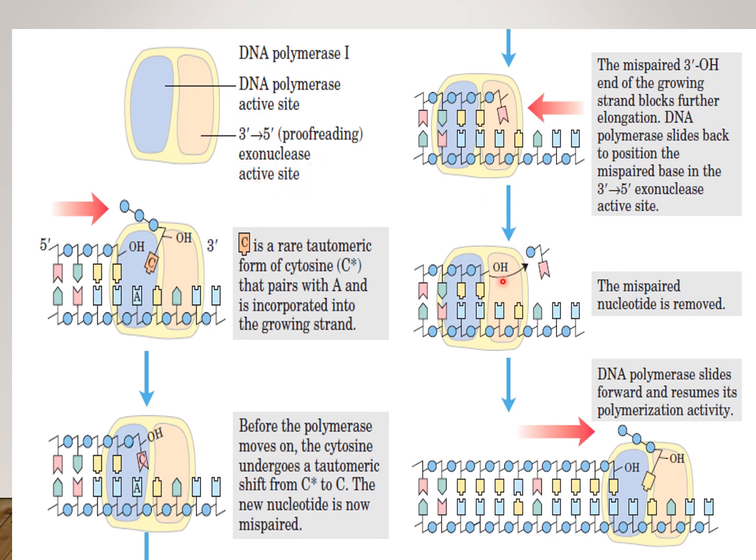The mispaired nucleotide is removed, and then the DNA polymerase slides again and reattaches a new nucleotide which matches the nucleotide on the template strand. So this is an example of how proofreading activity is done.